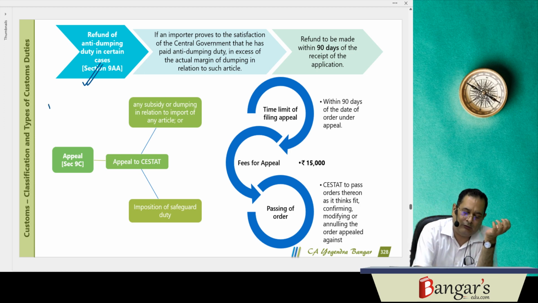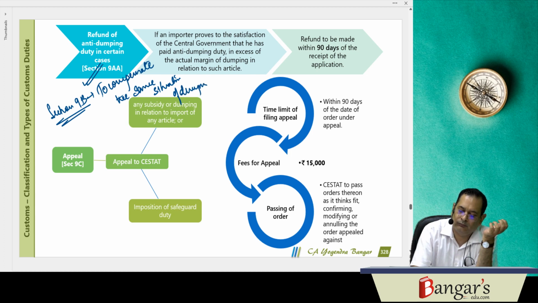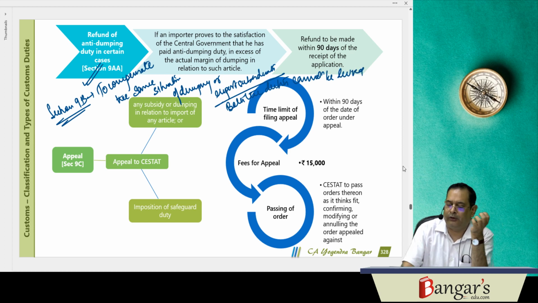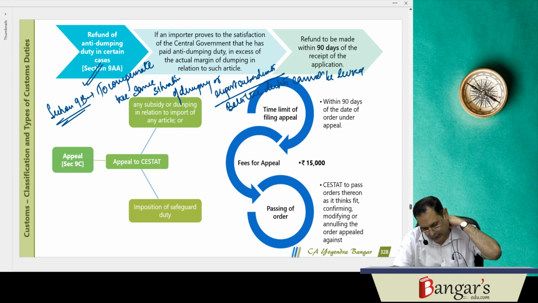Then Section 9B states what? Section 9B states that to compensate the same situation of dumping or export subsidization, both the duties cannot be levied together.